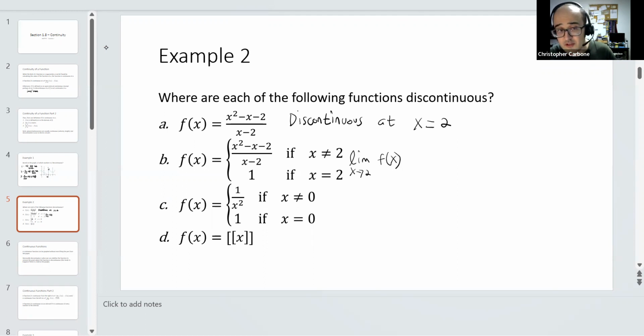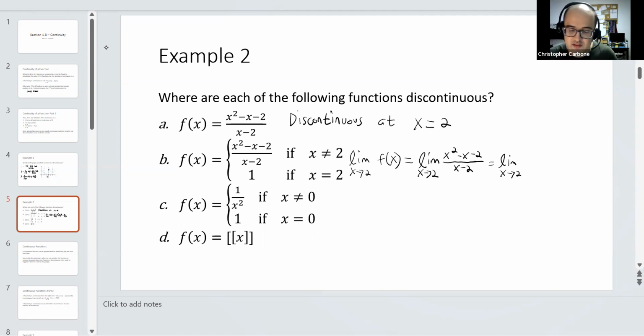And since it's approaching 2 and not exactly 2, we look at the function that we had from part A. So limit as x approaches 2 of x squared minus x minus 2 divided by x minus 2. Nice thing about that is we can factor that numerator from algebra.